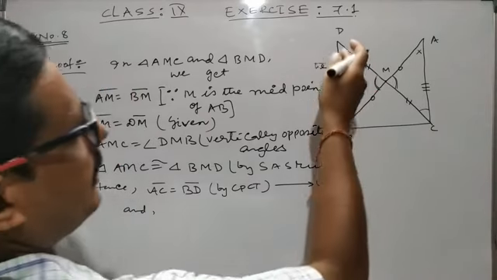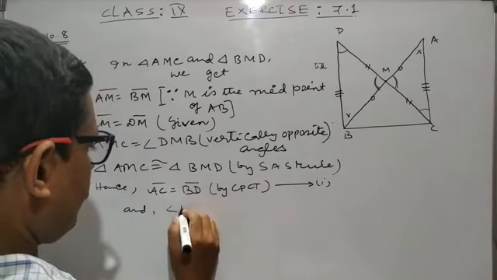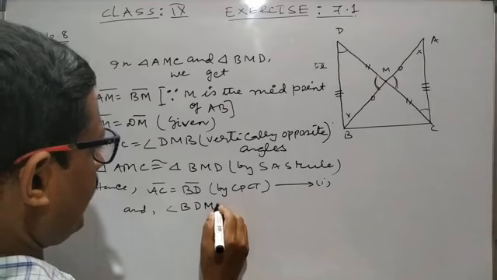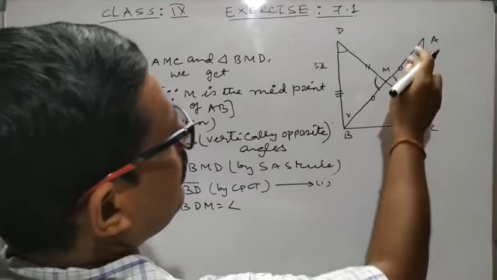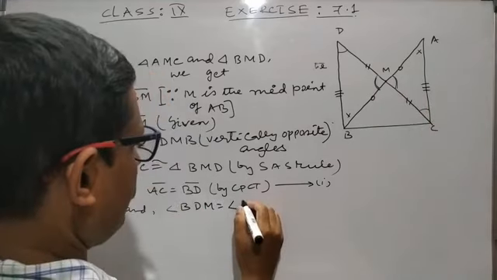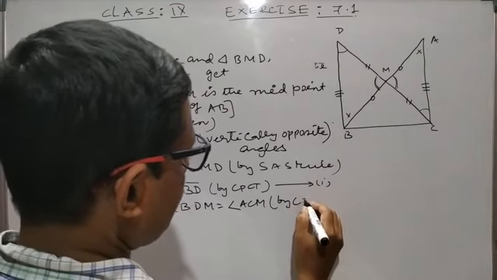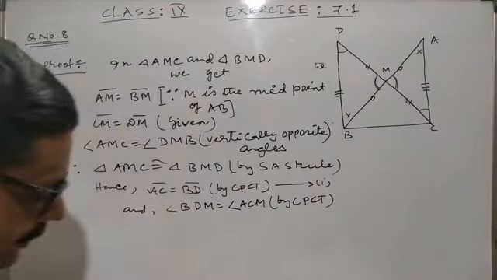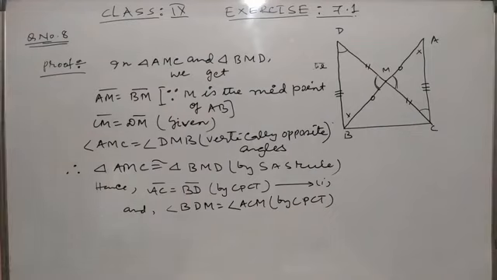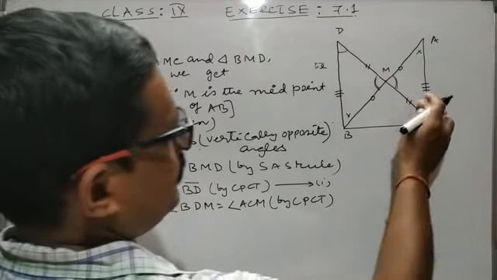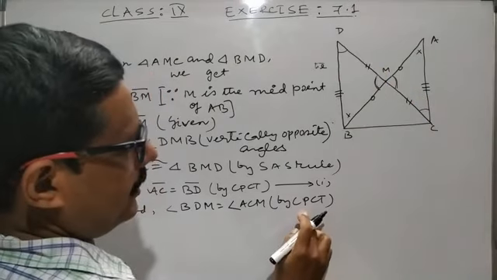And so let me write this one, angle BDM equal to angle ACM. This also by CPCT. But now you see, these two angles are equal by CPCT.